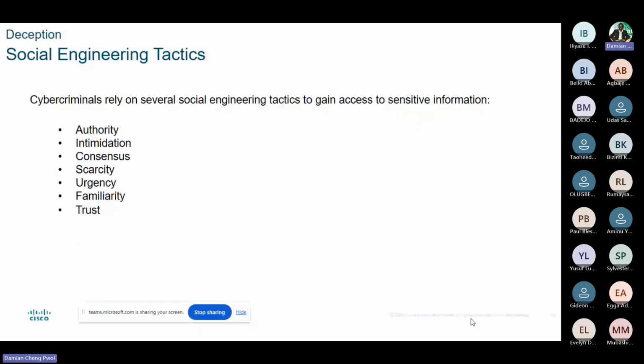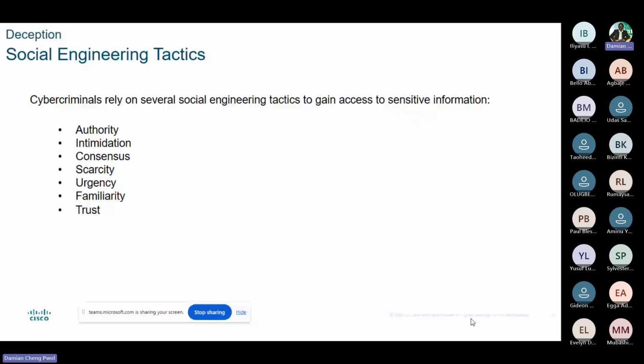Social engineering tactics. Cyber criminals rely on several social engineering tactics to gain access to sensitive information, like what? Authority, intimidation, consensus, scarcity, urgency, familiarity, trust.